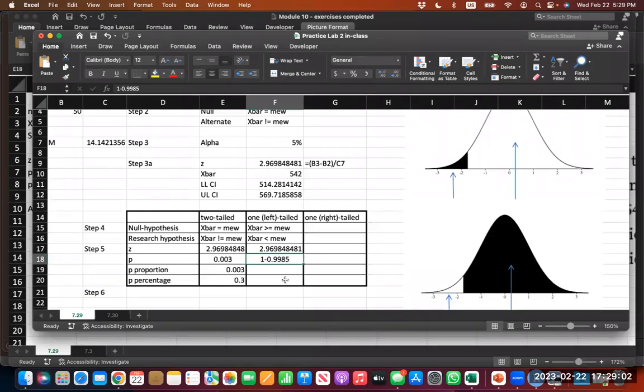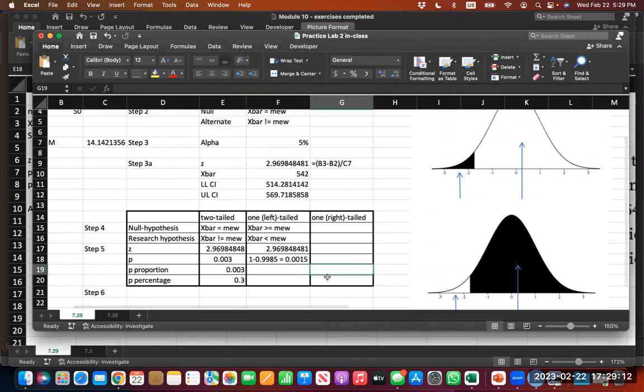So this is our 0.0015. So now we have, again, a significant difference, but it's substantially lower. It's only half of what we have on a two-sided test. Now we can, obviously, make this again 0.15%.